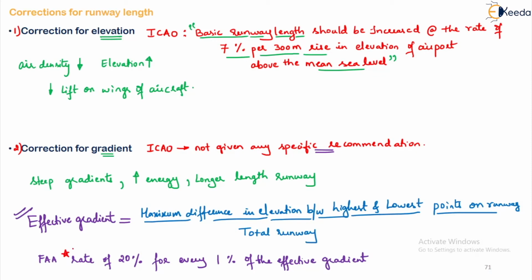This is an important point which you have to note. Once you do the correction for elevation, you again do the correction for gradient. After both are done, we increase that corrected length by 20% for every 1% of effective gradient and get the final basic runway length. So this is based on correction of elevation and correction of gradient.